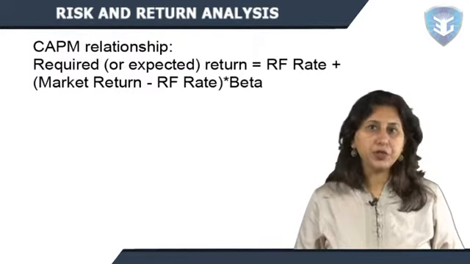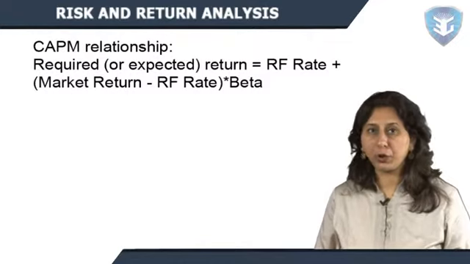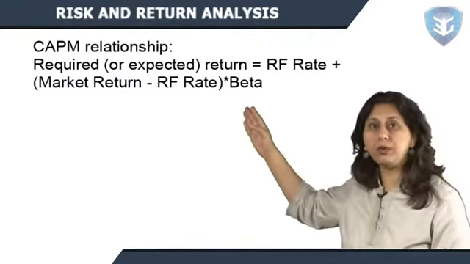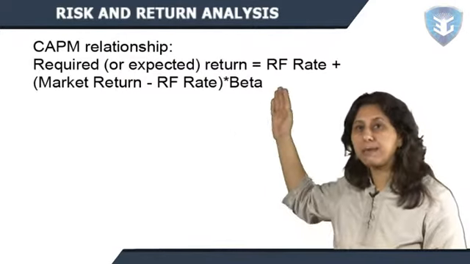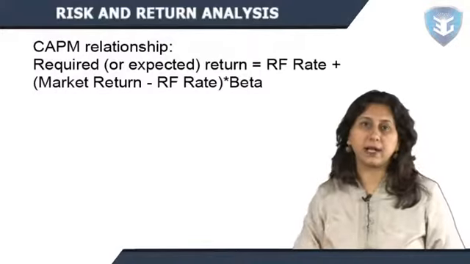The commonly used formula to describe the CAPM relationship is as follows. Required or expected return is equal to the risk-free rate plus market return minus risk-free rate, times beta.